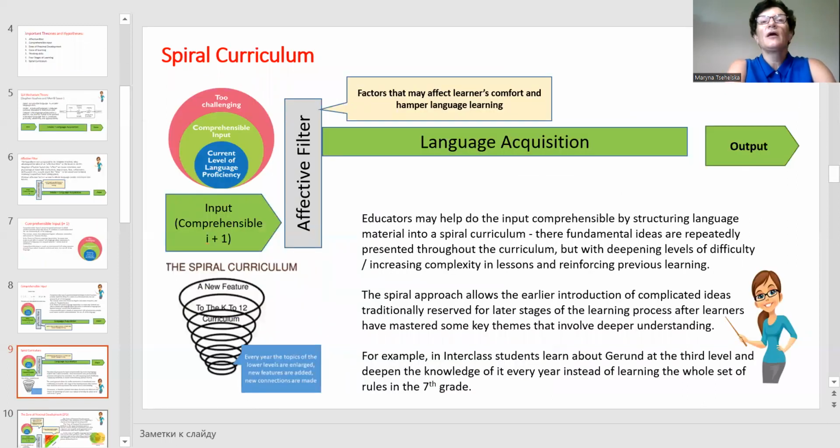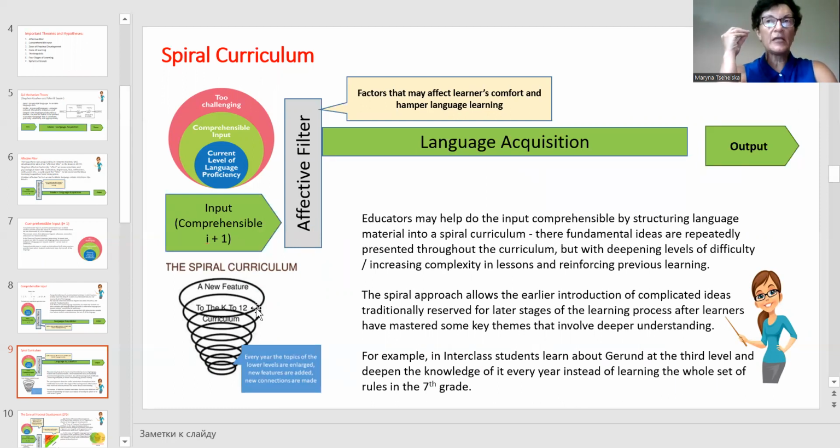So how can we help in it, and why is the spiral curriculum idea so important here? You were acquainted with this idea in the course about teaching the new generation, and the spiral curriculum, another name for it is sticky curriculum.